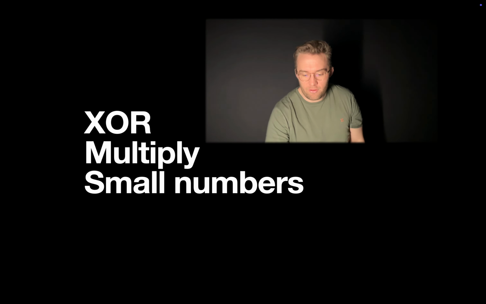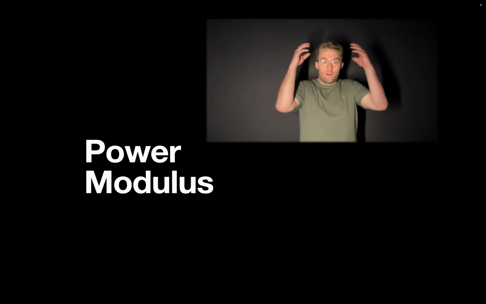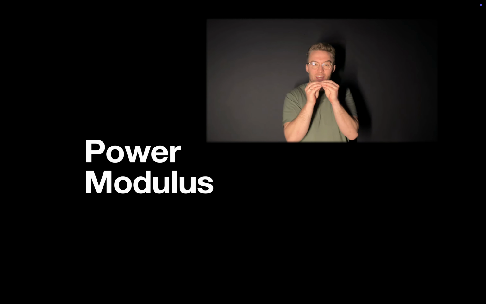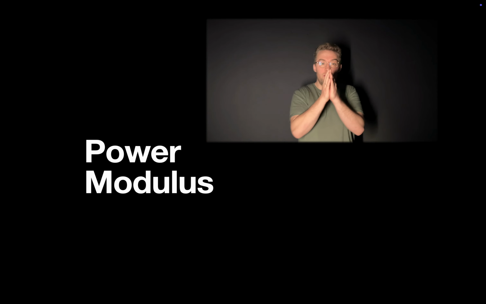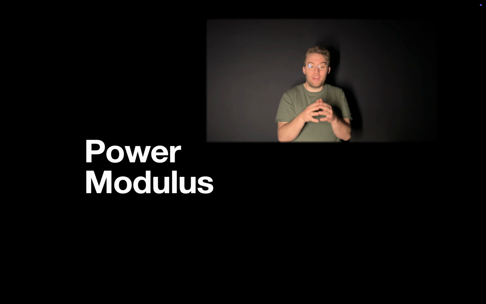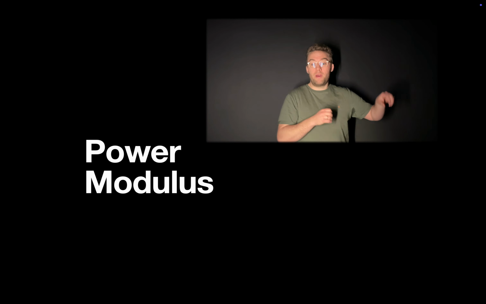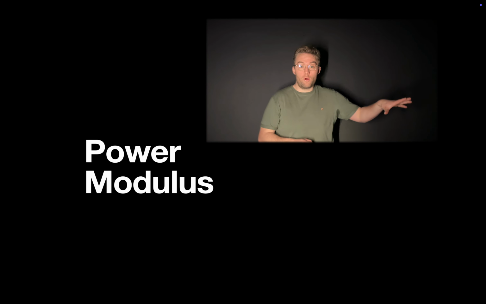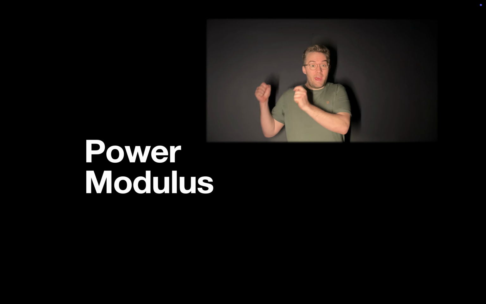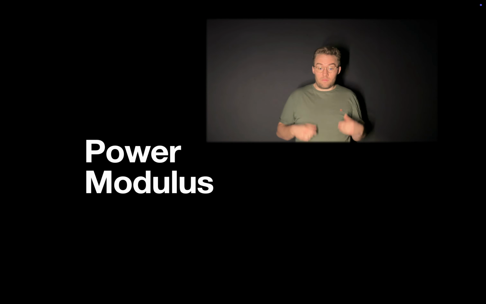And let's look into who might want to conduct a war. But first of all, we also need to address that symmetric encryption is faster than today's asymmetric encryption. Compared to XOR and multiplication of small numbers, which is symmetric encryption, asymmetric encryption deals with power, so lifting numbers up, and modulus.